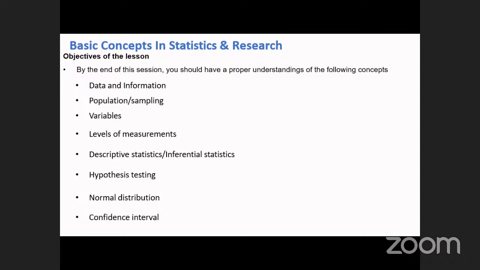We'll be able to say what data is and understand the difference between data and information. We should be able to understand what population is, and sampling, variables, levels of measurement. It's clear that we may not cover all of this today, but we intend to use at most 2 classes to cover these key concepts and many more.